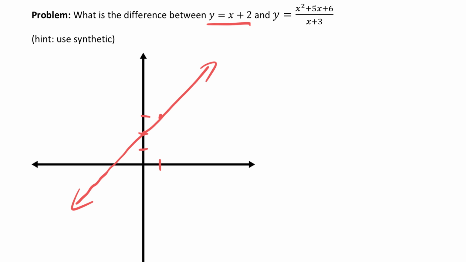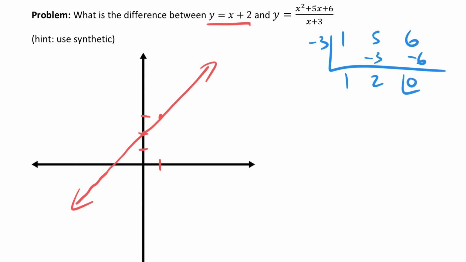So we would have 1, 5, 6, and negative 3. So 1, negative 3, 2, negative 6, 0. So y would equal the quotient, 1x plus 2, plus remainder over divisor. And because the remainder is 0, we just have x plus 2.